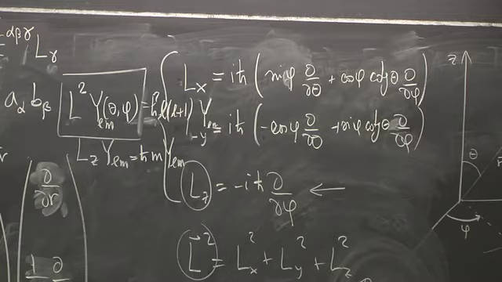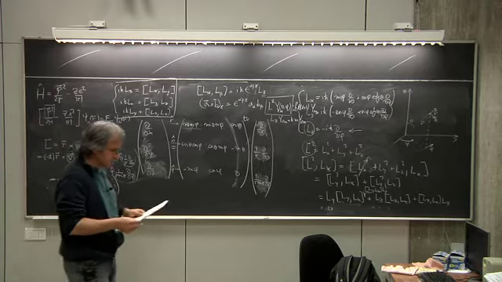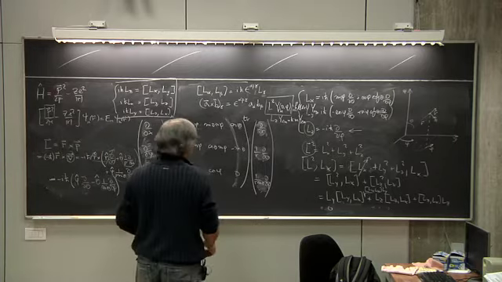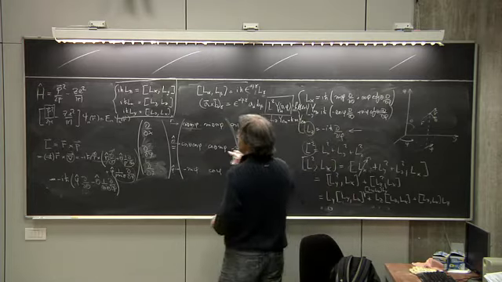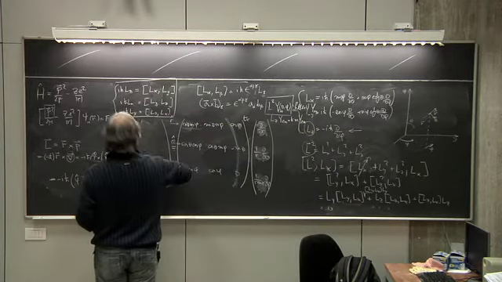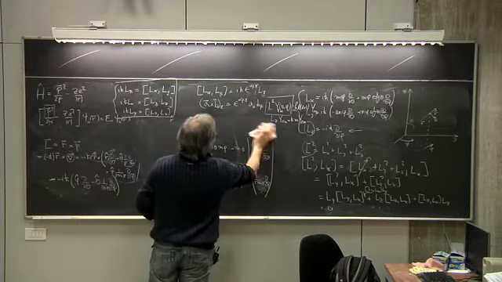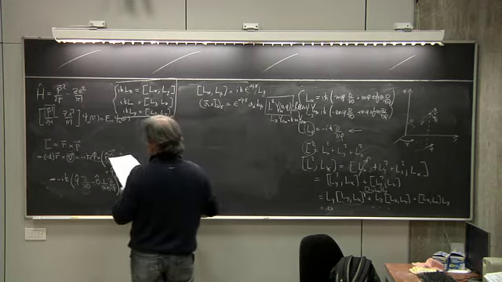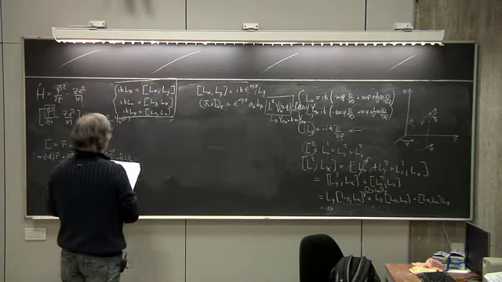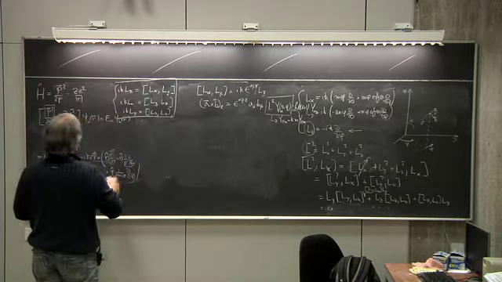So let us return to our main point. Where is L square in p square? Classically, it's pretty simple to express.